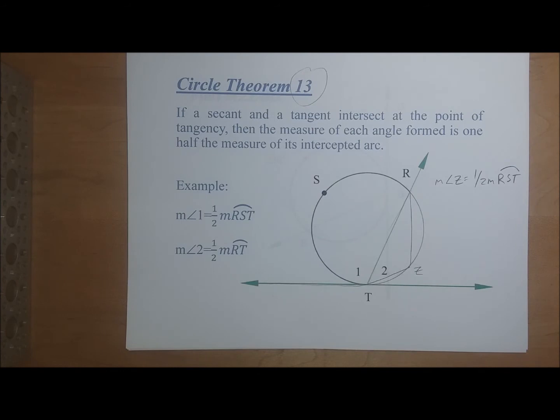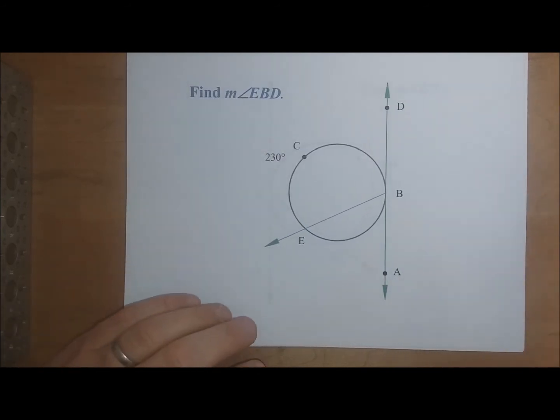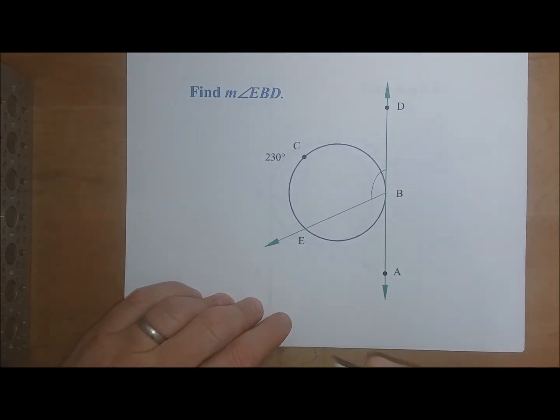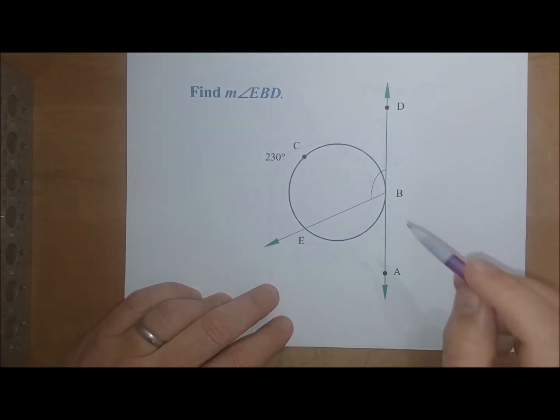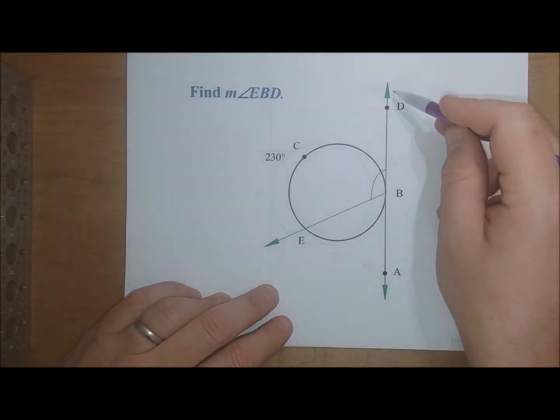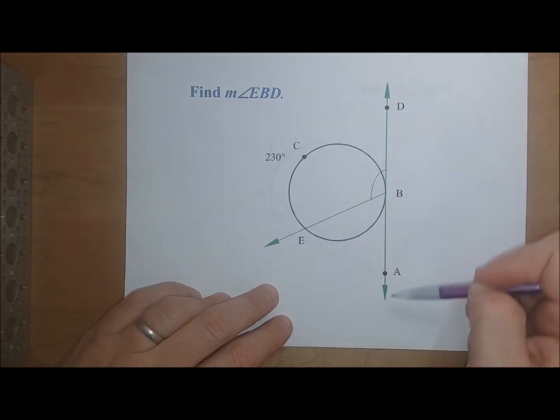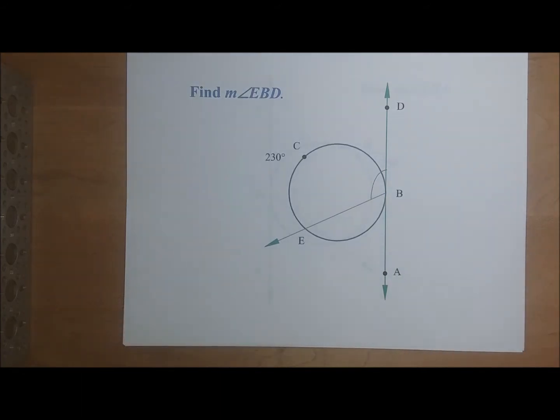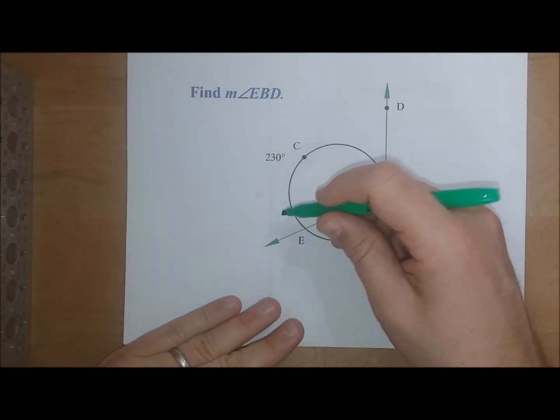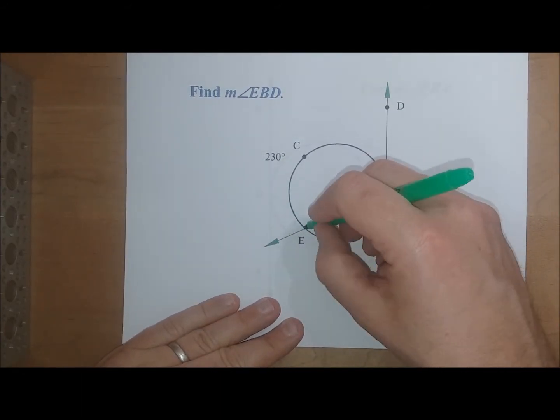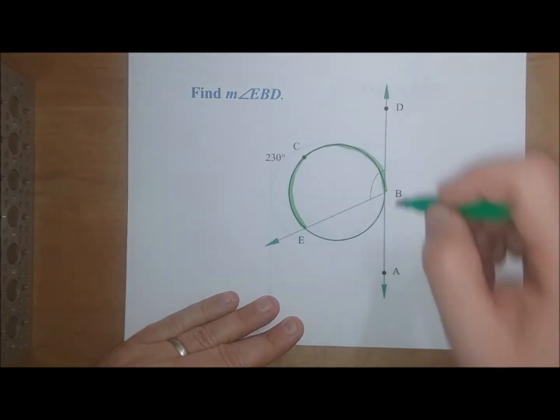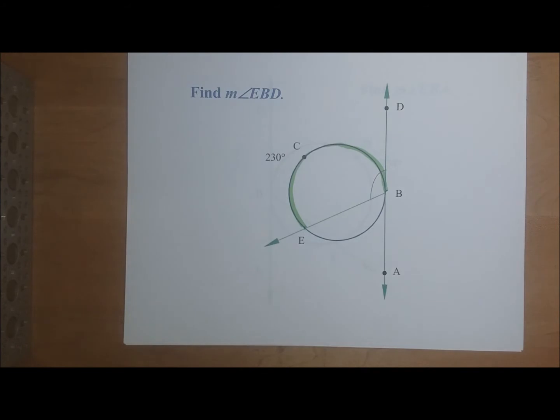Let's try some examples. Here, could we find the measure of angle EBD? So they're looking for this angle right here. Well, since this is a secant and this is a tangent, this is going to equal 1/2 the measure of the arc it intercepts. The arc it intercepts is right here. If we come all the way around, this is arc ECB, and that has a measure of 230 degrees.